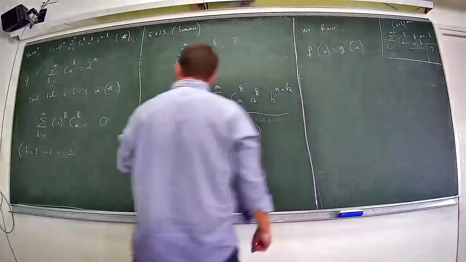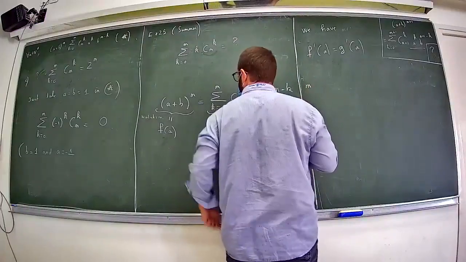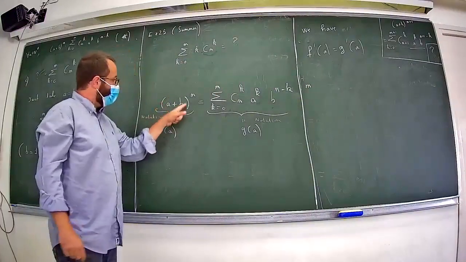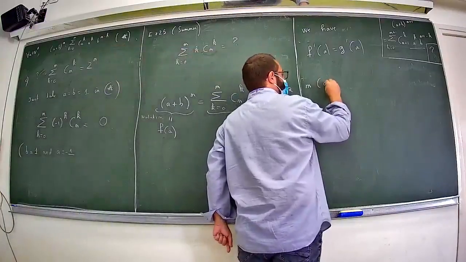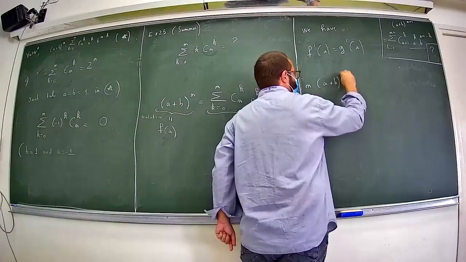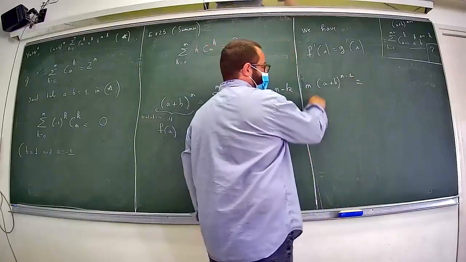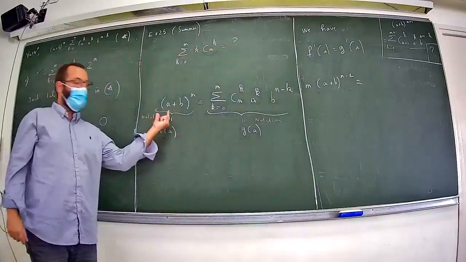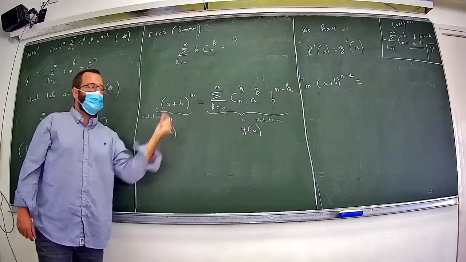So the derivative of f is just n, times the derivative of what I have inside, which is equal to 1, and so I have (a plus b) to the power n minus 1. Here you have f prime, the derivative of this one. I repeat, my variable is a, b is a constant.